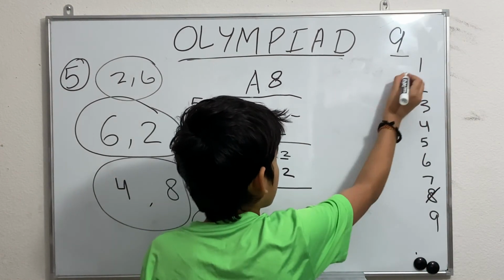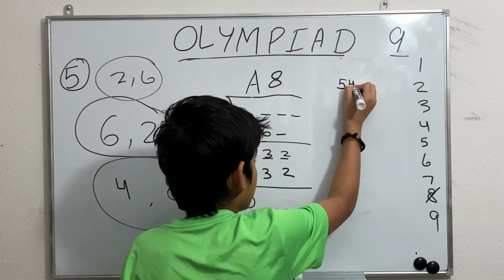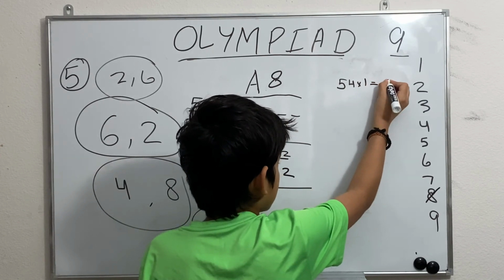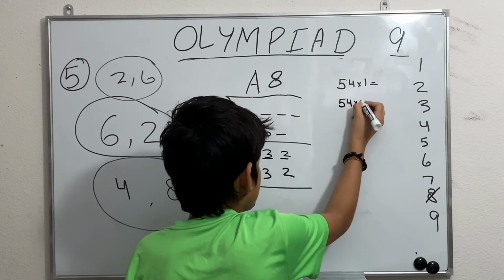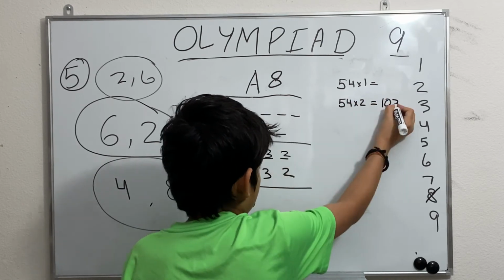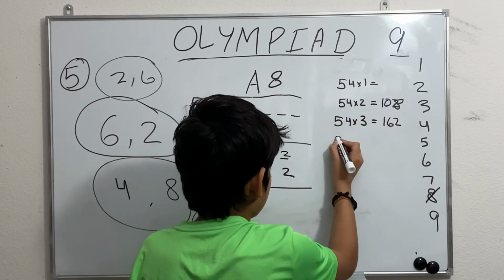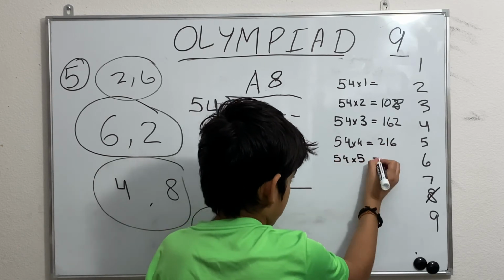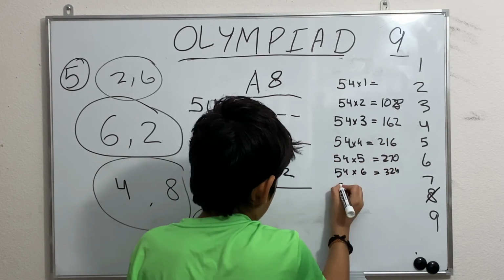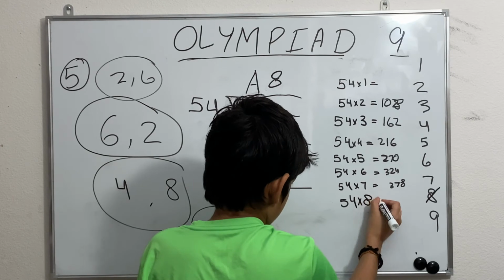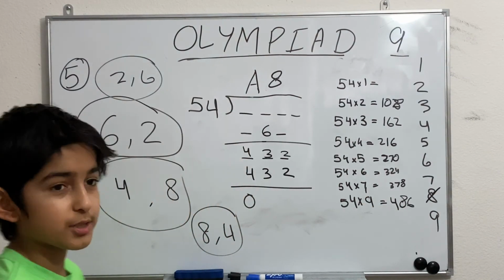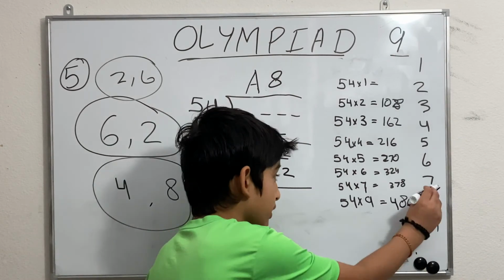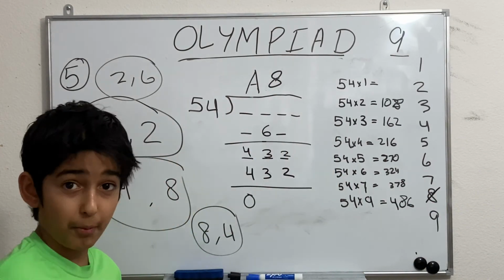You probably noticed that we didn't use 8 because we already used it, and it's a cryptarithm, so it cannot be repeated.